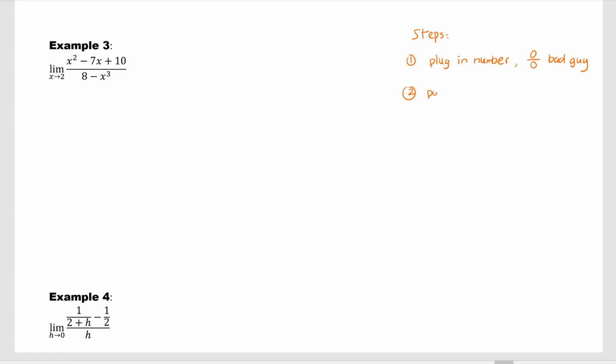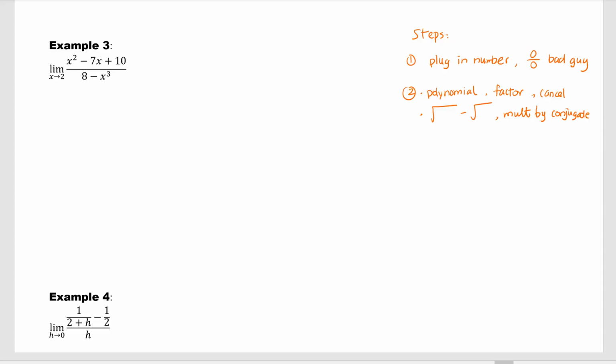Step 2, when we see rational functions, when we see polynomials in the numerator and denominator, we want to factor them. And then you can see the bad guy and you can cancel the bad guy. Last time we also talked about when we see a difference of square roots, we multiply by the conjugate.